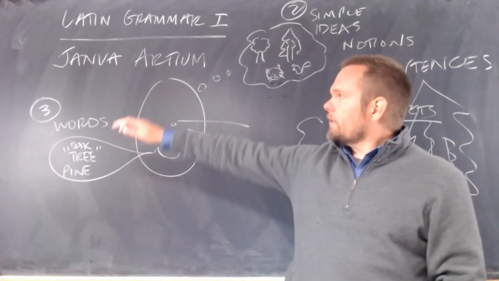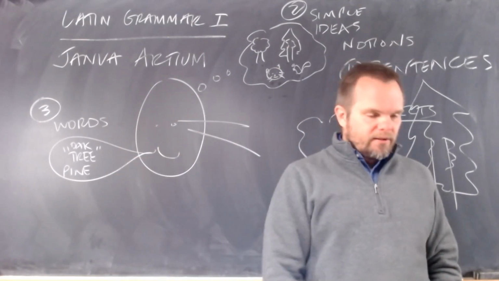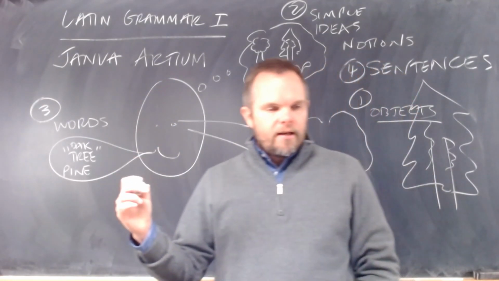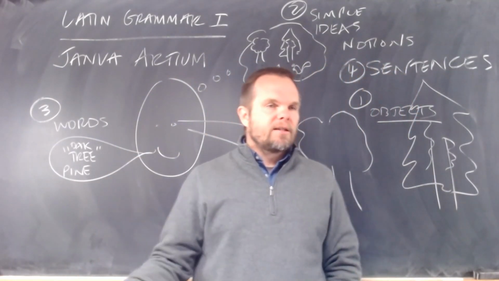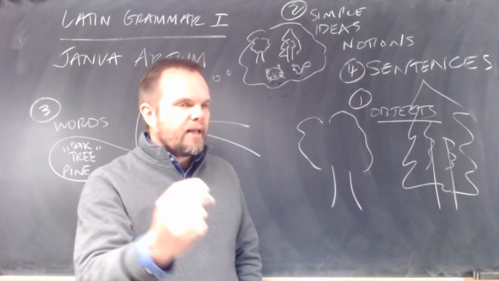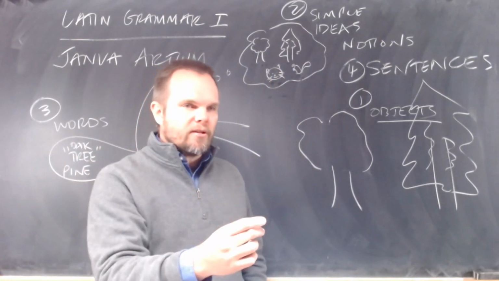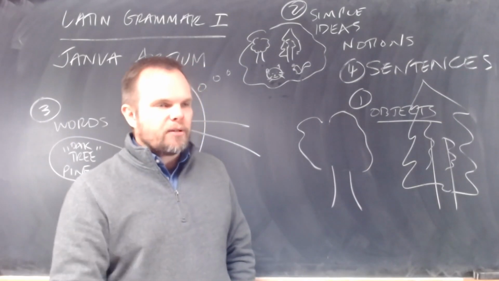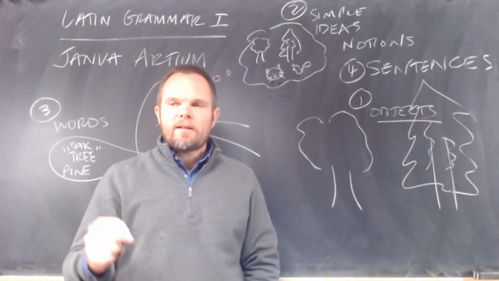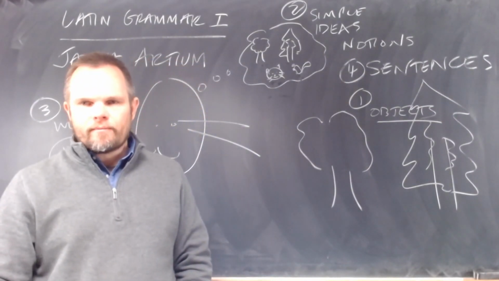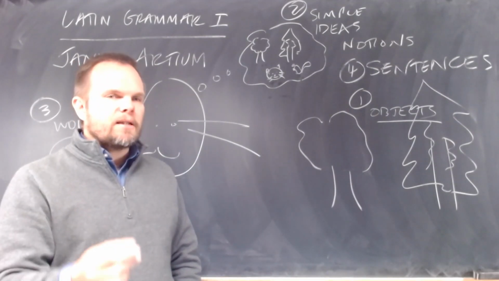And the reason why grammar is called the gateway of the arts is because in order to study and discuss more complicated things, to advance in wisdom, because life is complicated. The truth is complicated. Wisdom is complicated.